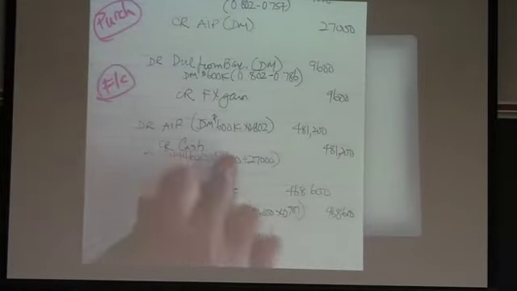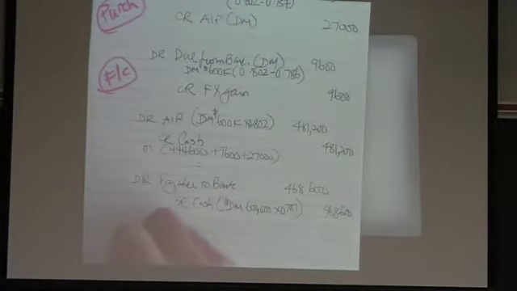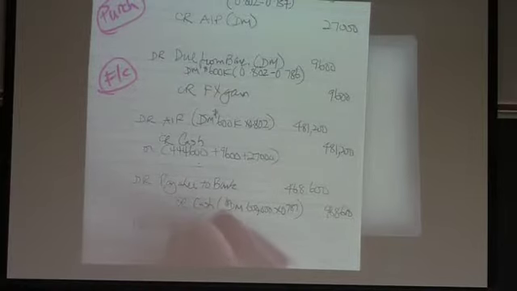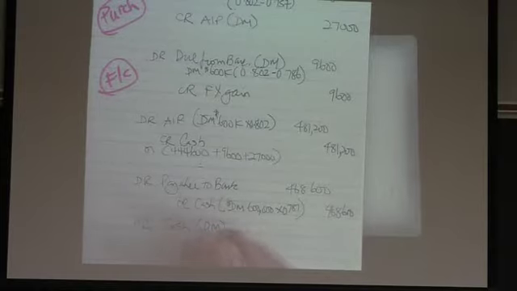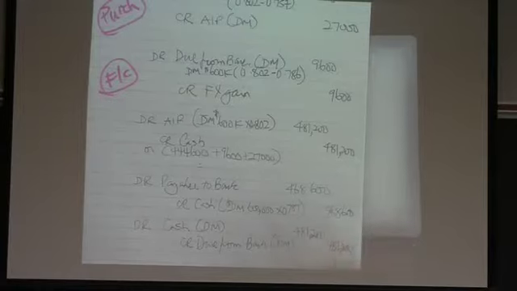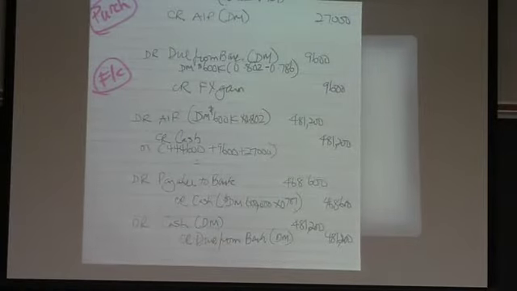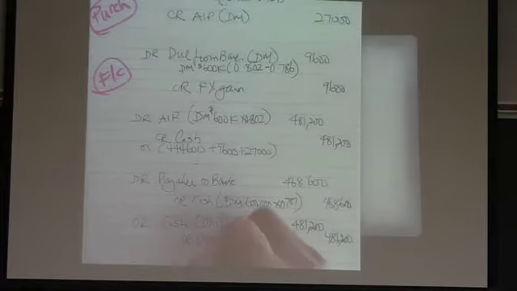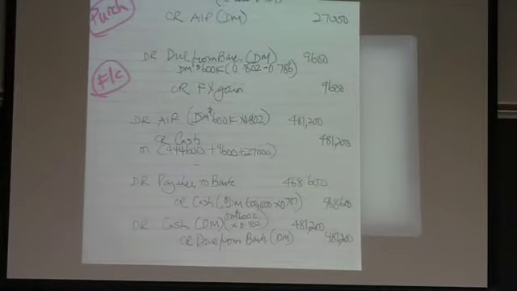So we already recorded the payable, and now we're going to debit cash and credit due from bank. That's 481,200. Again, how did I get that? Well, there are two ways to calculate that. It would be 600K times 0.802. You can certainly do it that way.